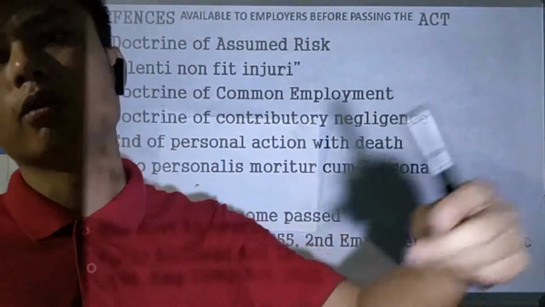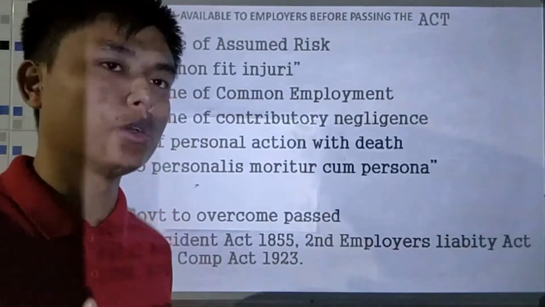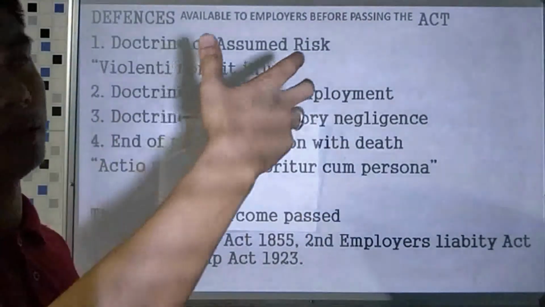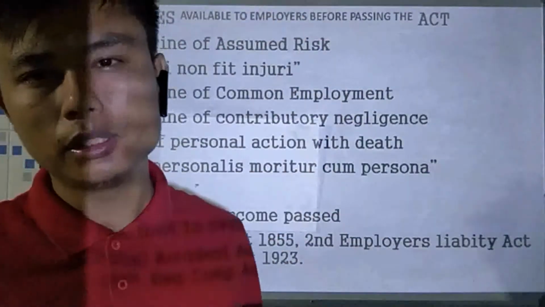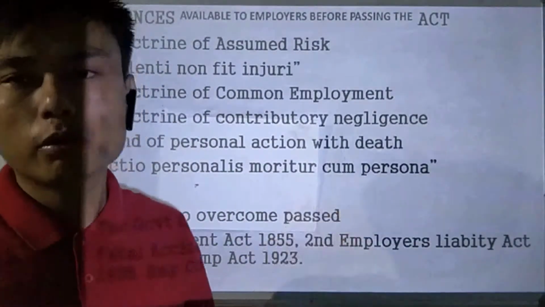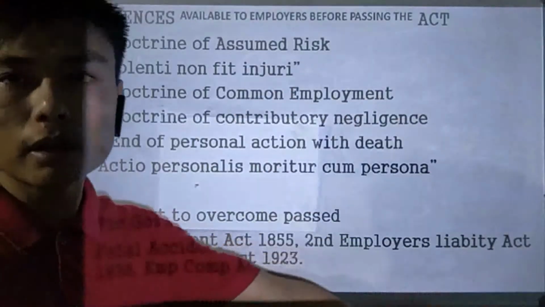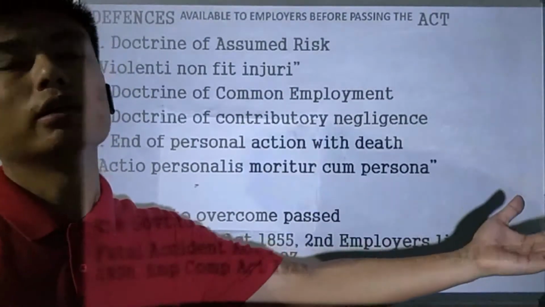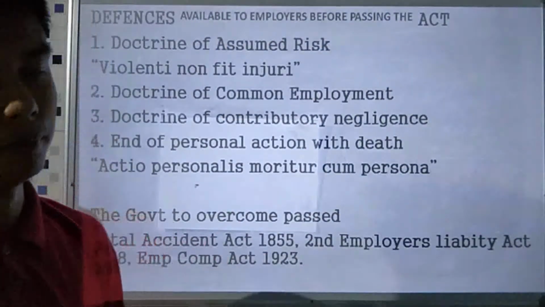Or let's say another worker and I are working, and it so happened that something slipped over me and I got injured. So the employer will say, it was not me, it was done by the co-worker. Common employment. A blame game.